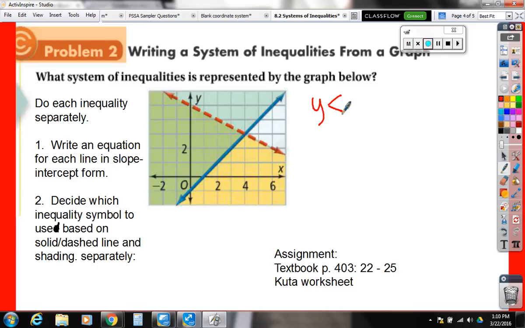Okay, now we just go and write the equation for the line, just like we normally do, from slope-intercept form. So, Cameron, what's the slope of that line? The red line. No, the 5 is the y-intercept. 5 is where it crosses the y-axis, but what's the slope?